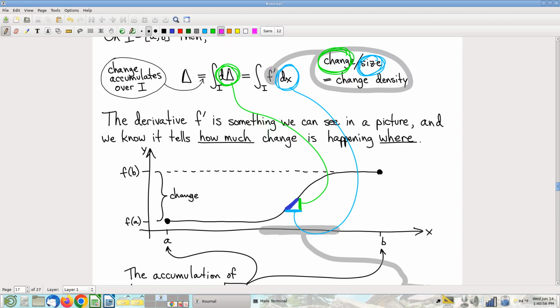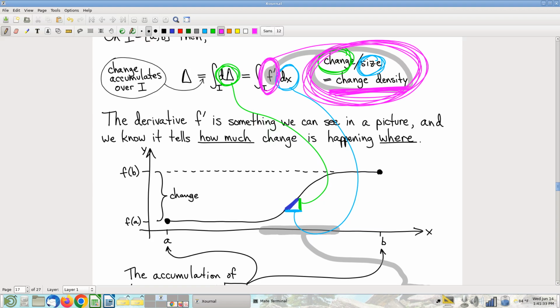I know it's a weird point of view, but I think it's really nice for analogy purposes to think of the derivative as being change density. Everybody see that? This is not to knock the point of view of the derivative as being the slope of the graph. That's also cool, right? Or that a derivative tells you the velocity of your car as you drive along the road. Sure, that's all fine in different contexts for different purposes. For what I want to do here, I think this point of view is really nice.